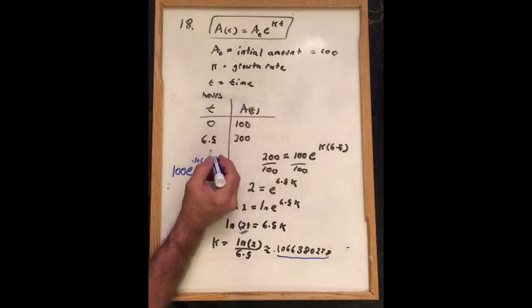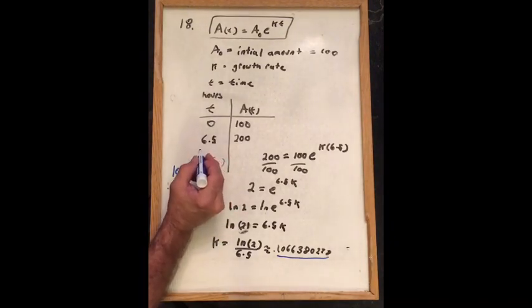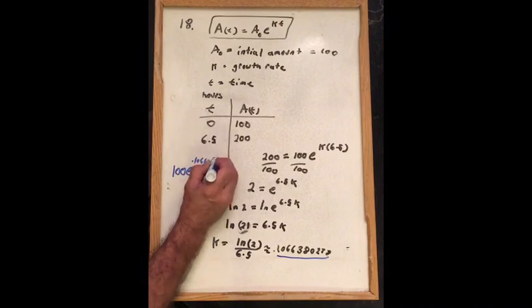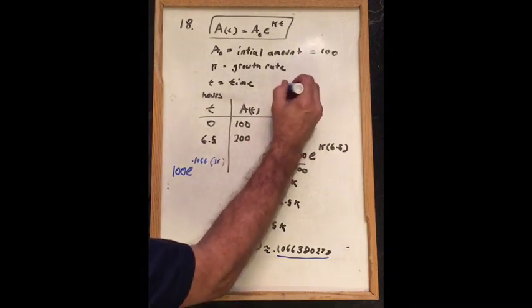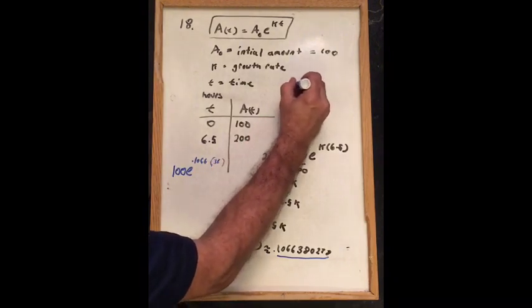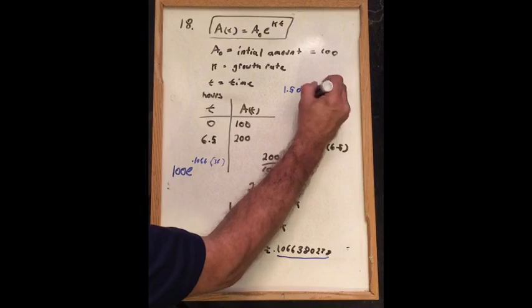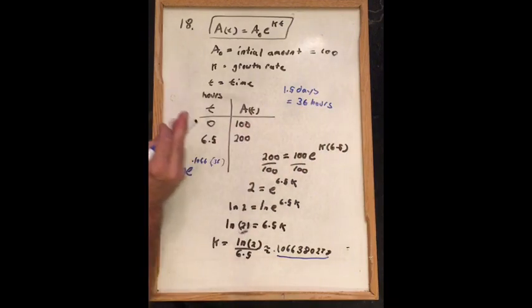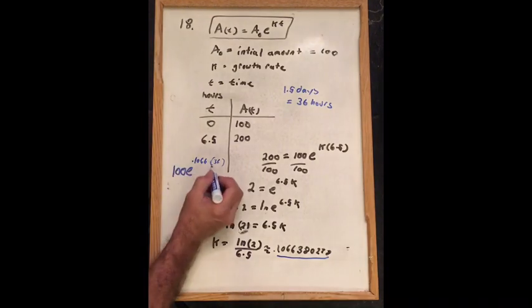Well, notice a day and a half in hours is, what is a day and a half? It would be 24 plus 12, or 36 hours. Notice that 1 day and a half, 1.5 days equals 36 hours. 24 plus 12. So that's why I have a 36 there.